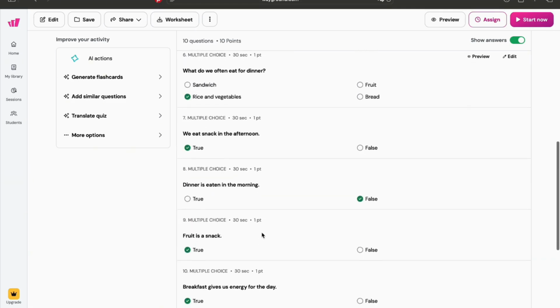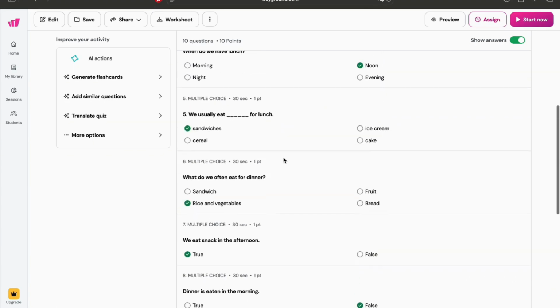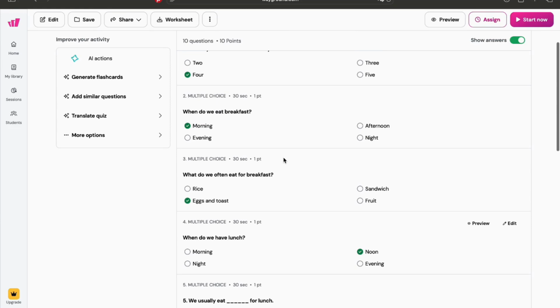And for the true or false questions, students need to decide whether the statements are correct or incorrect based on the information from the video. In addition, students are encouraged to stay focused and not rush when answering the question. They should take their time to think about each answer.